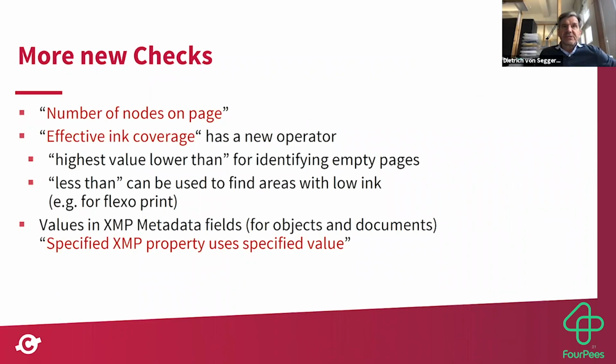I'm seeing the question, can this be used to check for objects close to a page box? Not easily, actually. I think you can check for that with Sifter already, so you wouldn't even have to use this check. If you would want to use it, you would have to create a page object first from the page box.